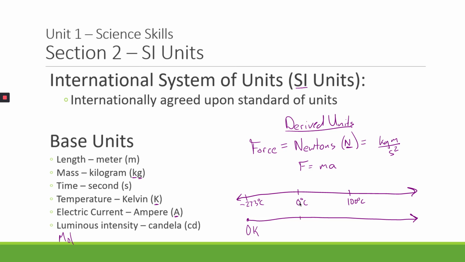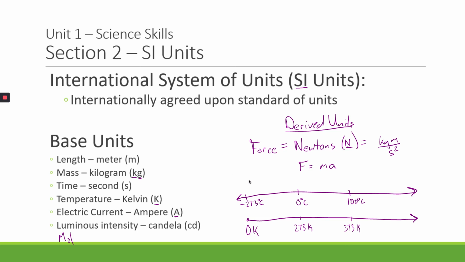That means 0 degrees Celsius would be 273 Kelvin. Now 0 to 100 degrees Celsius, you went up by 100, which means you go up by 100 Kelvin as well. So 373 Kelvin. You can kind of see the pattern here. So that makes converting them pretty easy because you just subtract 273 degrees Celsius or add, whichever way you're going.